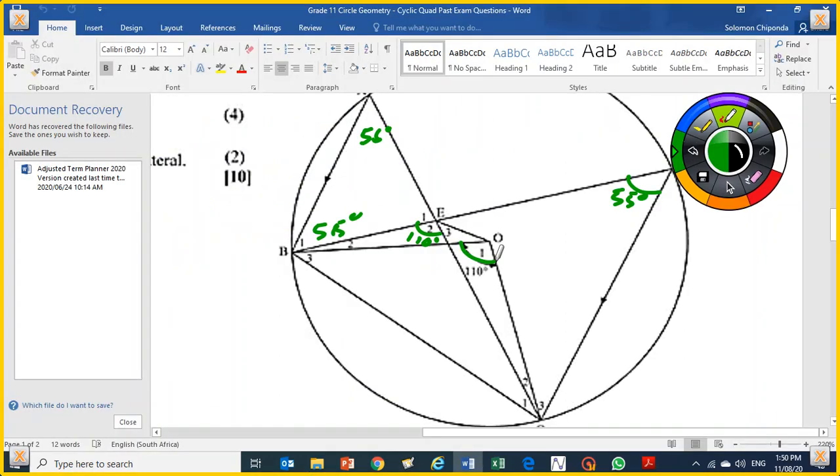The question becomes very easy because this angle is 55 and that's also 55. So because E2 is equal to 110 and this is 110, it becomes very easy. So we just say E2 is equal to O1.